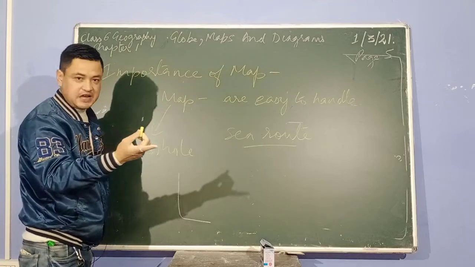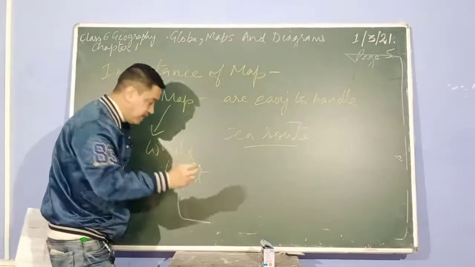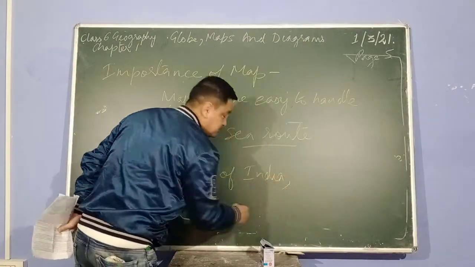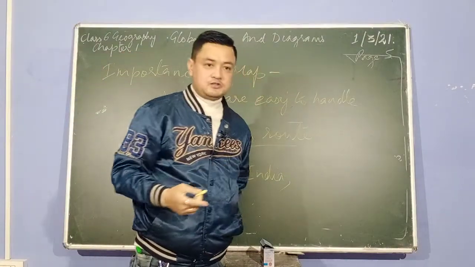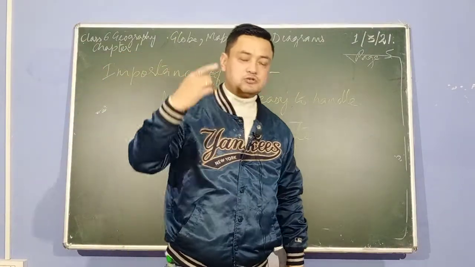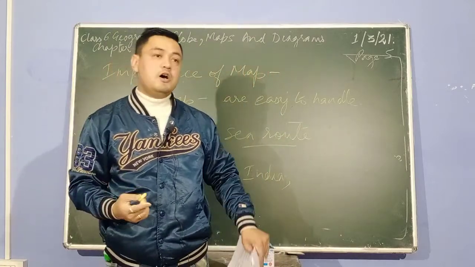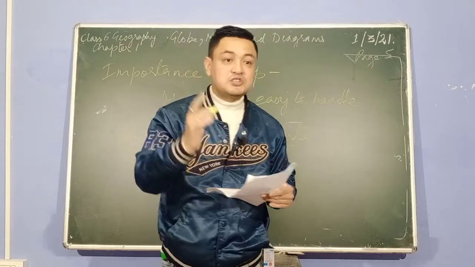Or a part of it means it shows a part of India, or the India map, or Africa, North America, South America, or Australia. Are you understanding? So a map shows a small area, but in much detail.